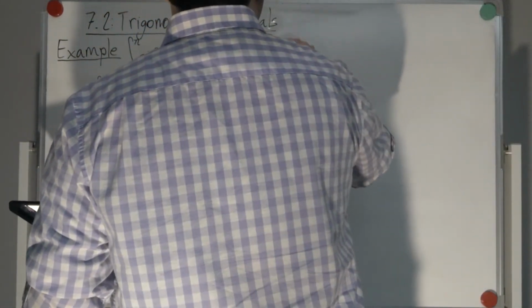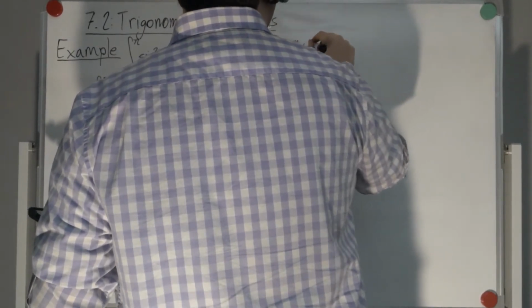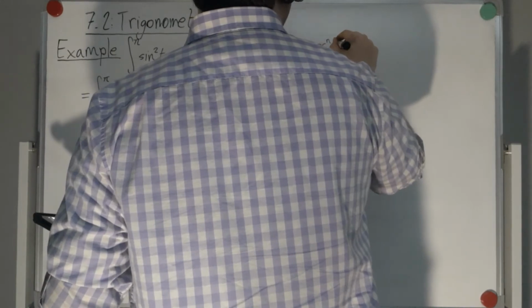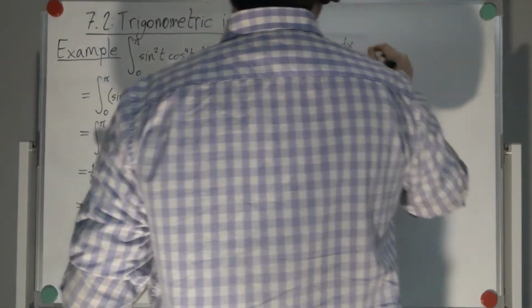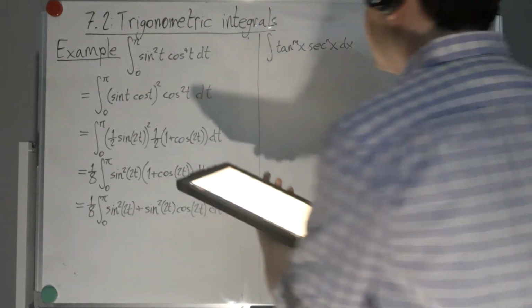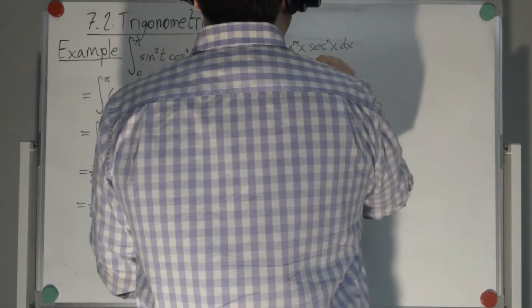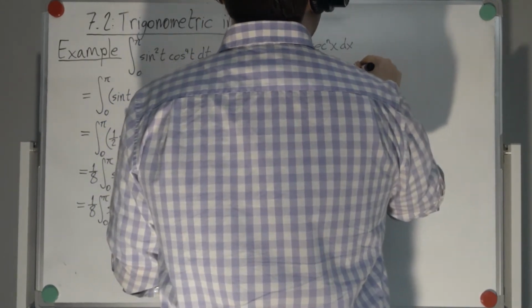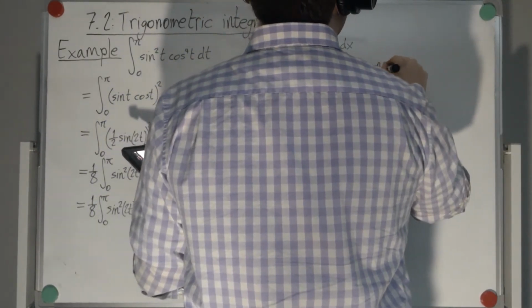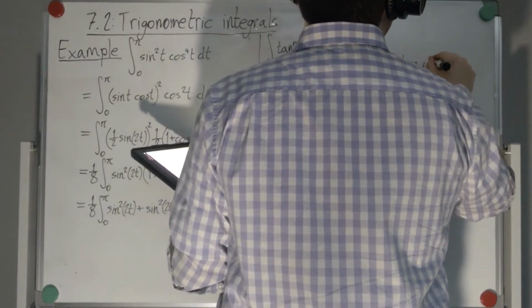So now, suppose we're given an integral of tangent to the m of x, secant to the n of x dx, where once again, m and n are non-negative integers.